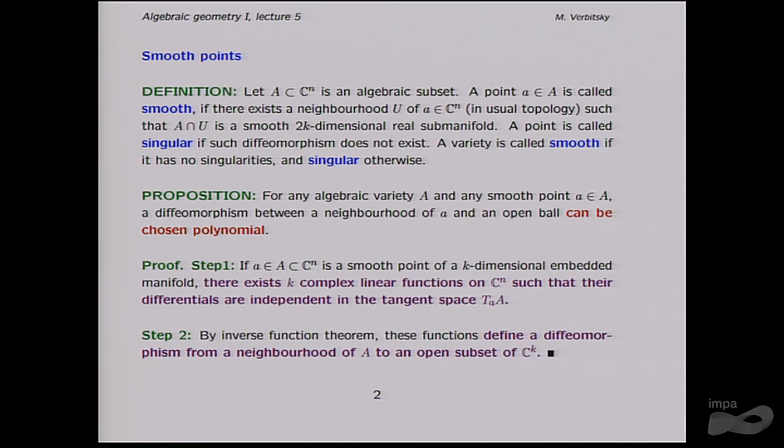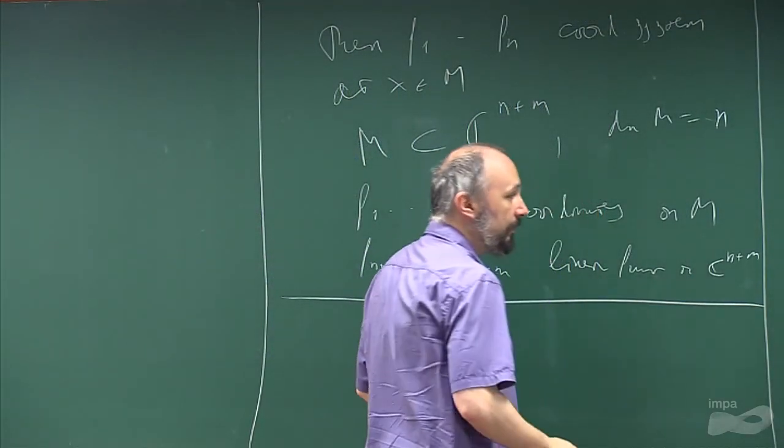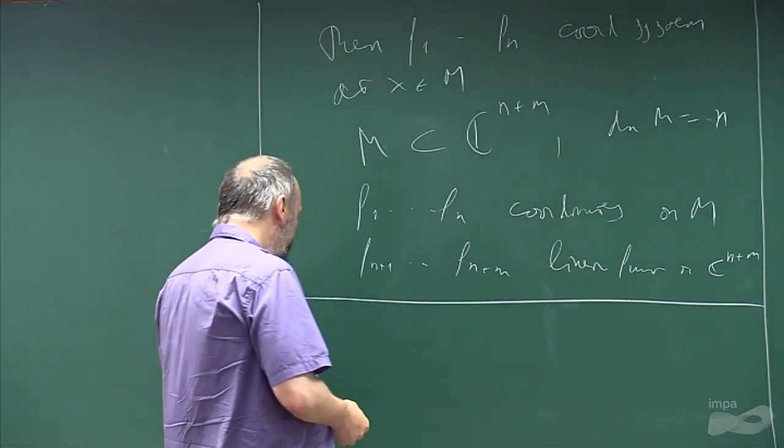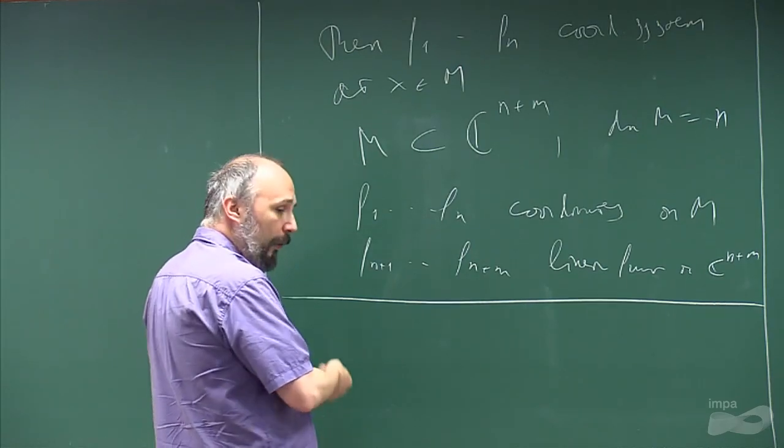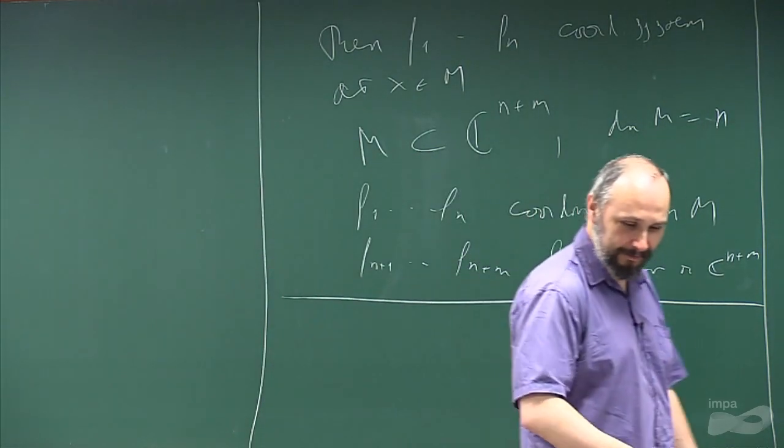In local coordinates, you can take polynomial functions, clearly polynomial if the coordinates are polynomial, but there are other functions which are not polynomial, like quadratic ones. Well, you can easily find examples.